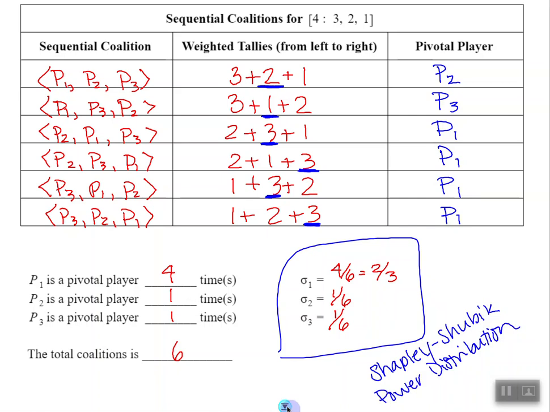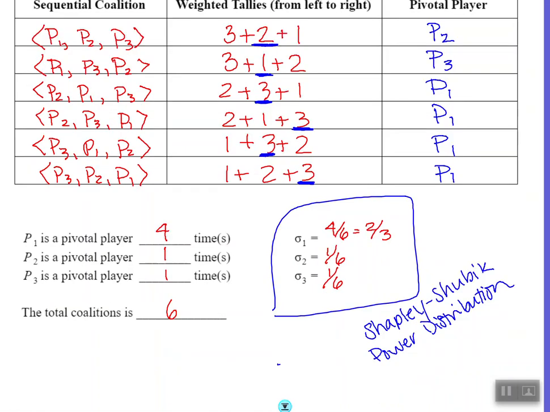Now, if you go back to your notes from last class, we had this same setup where the quota is 4 and the powers of the players are 3, 2, 1.